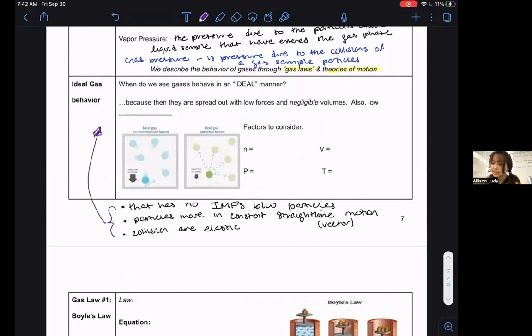And we tend to see gases behave ideally at super high temperatures and very low pressure conditions.